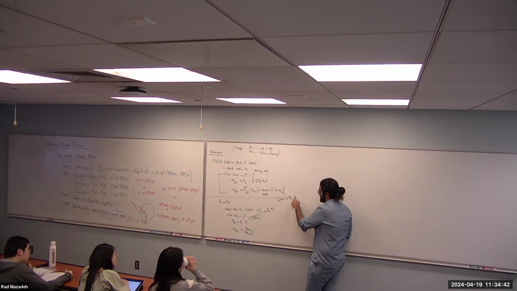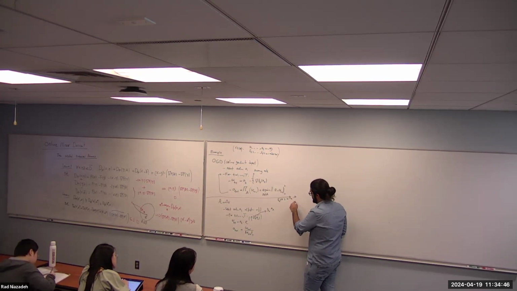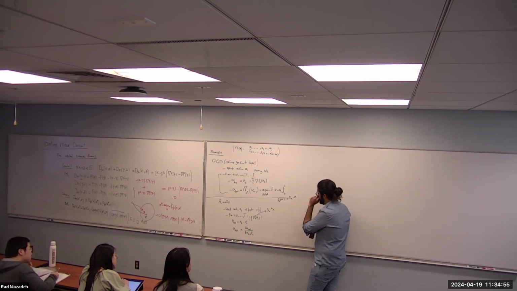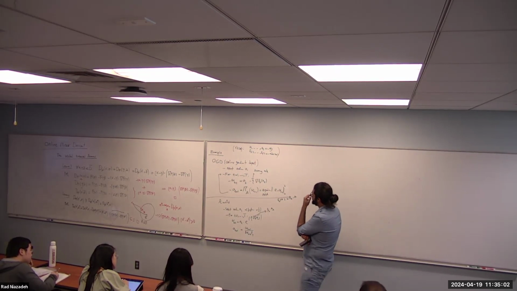So exactly, if A is a distribution and then you take the derivative, then that's going to be a vector.